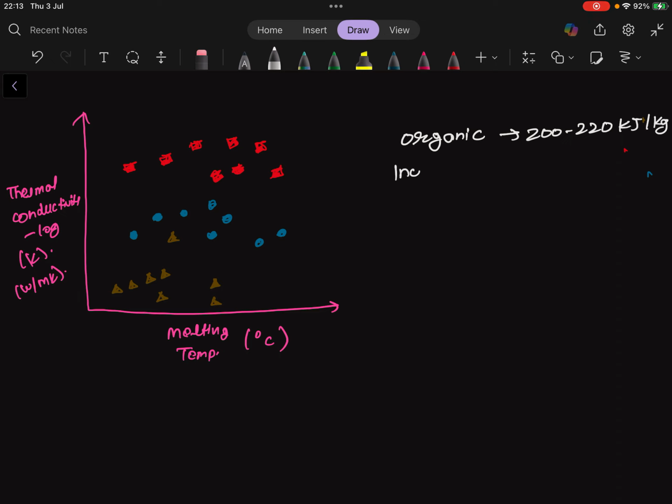For inorganic material, around 150 to 500 kilojoule per kg. And for metallic materials, around 50 to 600 kilojoule per kg.